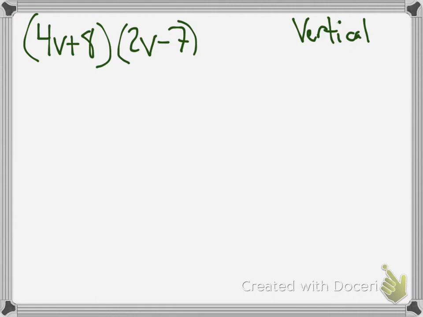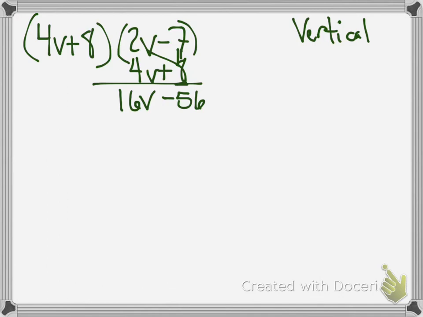With the vertical method, I write one of the parentheses under the other. You take the first number here, like this 8, and multiply it by both numbers up here. So 8 times negative 7 is negative 56, or I'm going to write minus 56. 8 times 2v is 16v. So I went up, and then I went across.